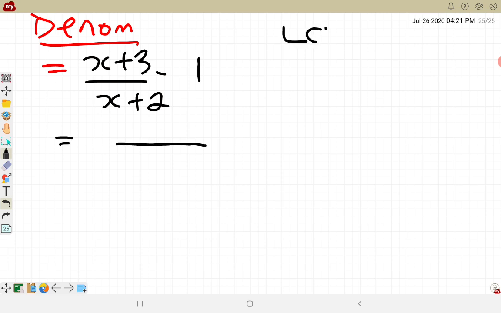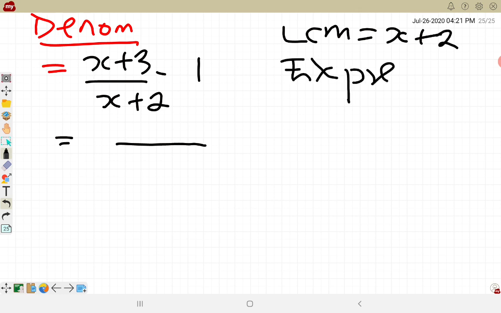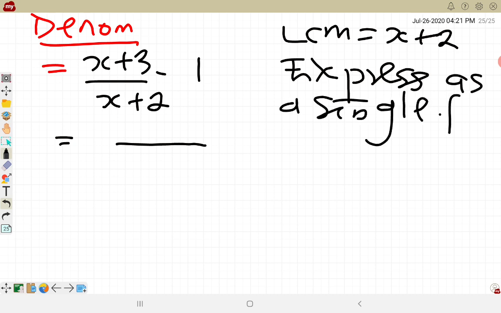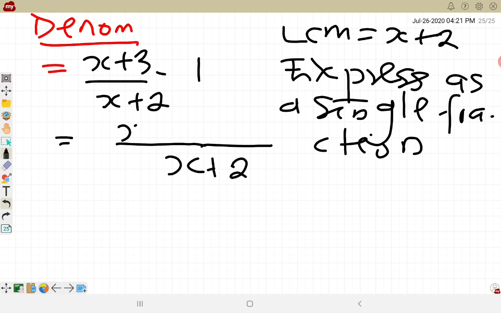Lowest common multiple being x plus 2, then express as a single fraction. We have x plus 3 minus 1 into x plus 2.